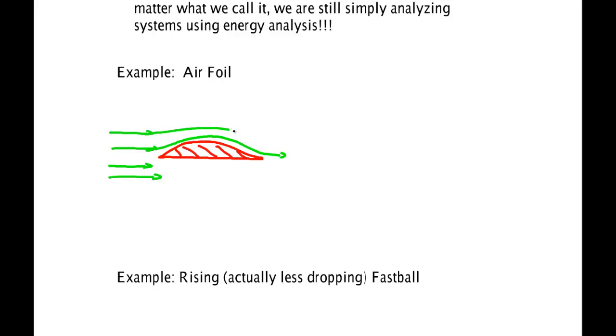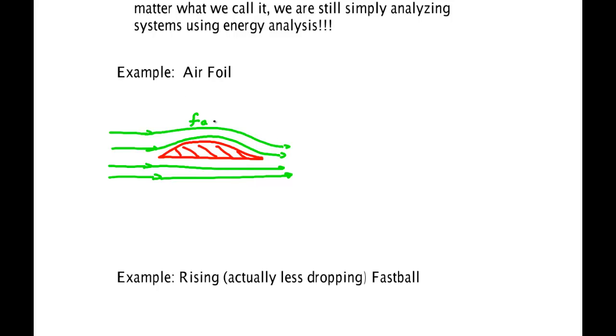This one goes over like this. This goes straight across. And this goes like so. The air makes this trip in the same amount of time that the air below it makes this trip. But it has further to cover. And since it has to go further, it must be traveling faster.